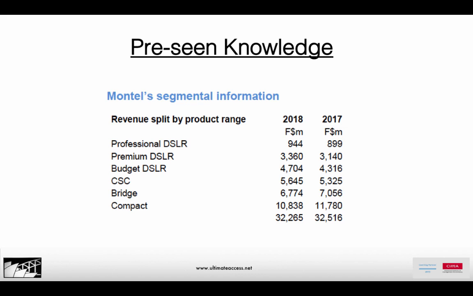Some of the splits that are shown are by geographical location. And the one on the slide now is by product range, which talks about the different types of product range that Montel has, whether it is professional, premium, budget, compact and bridge, and all that.